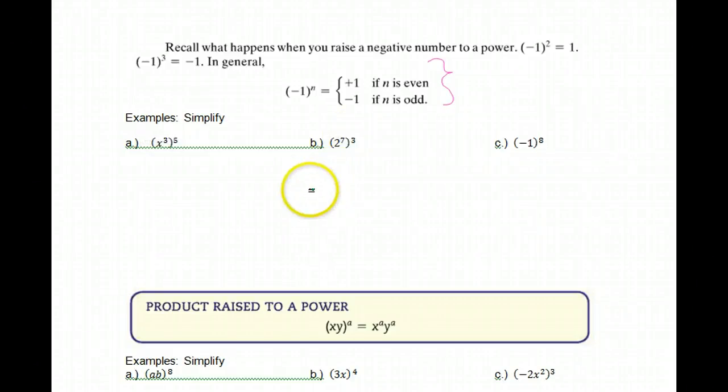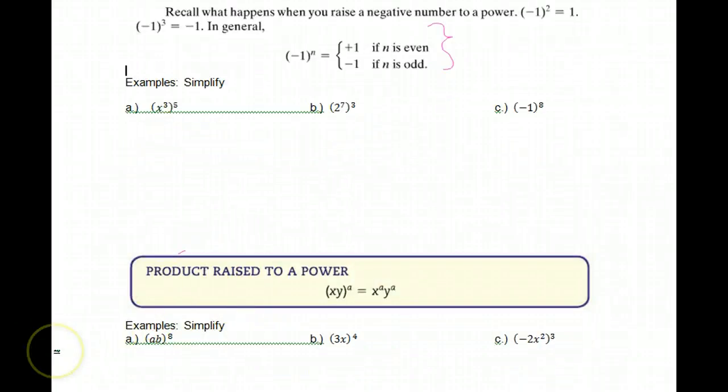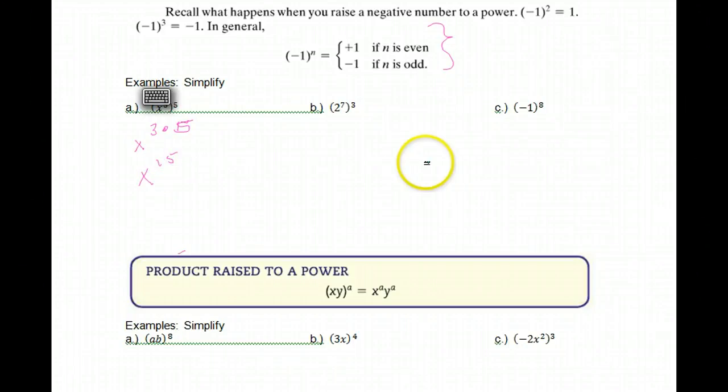Our first example is x cubed raised to the 5th power. When we're raising a power to a power, the rule states that we are supposed to multiply. So that means that we're going to have x to the 3 times 5 power, which gives us x to the 15. Letter B, we have 2 to the 7 times 3 power, which gives us 2 to the 21st.